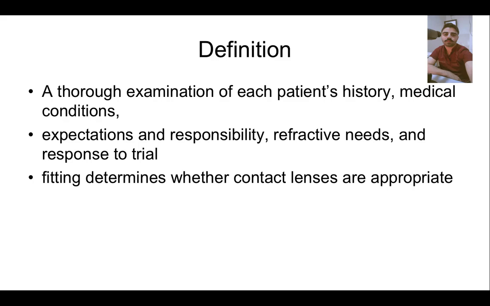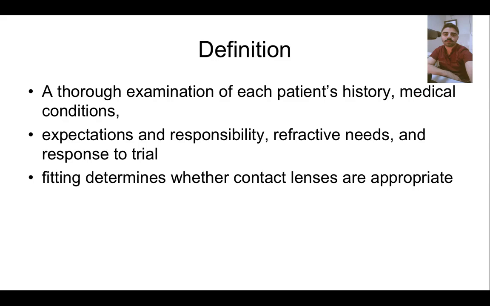And then the medical condition is also very important, because in certain medical conditions contact lens use is not safe, and if patients still want to use a contact lens in those particular medical problems, the contact lens can create trouble or a complication for that patient. So that is the reason that medical condition is very important before deciding whether a candidate is suitable for a contact lens or not.